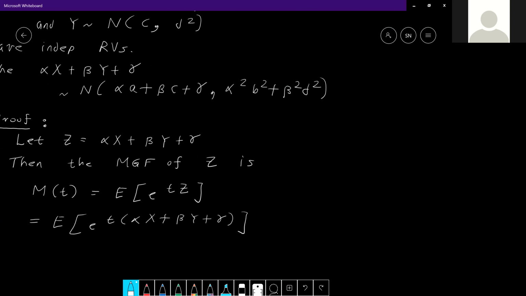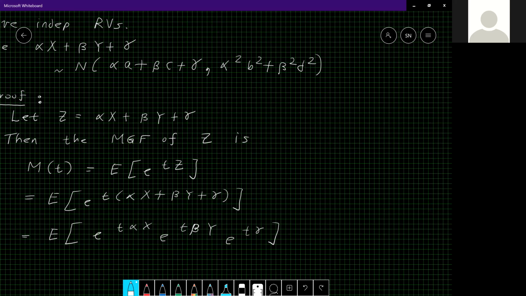Now this you can write as the expectation of e to the t alpha X, times the expectation of e to the t beta Y, times the expectation of e to the t gamma.